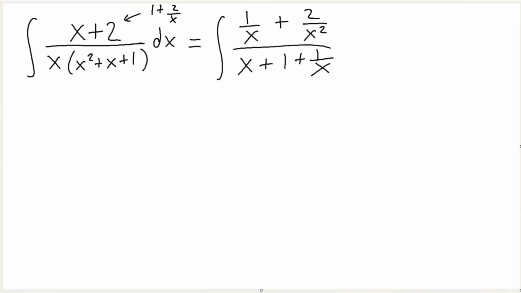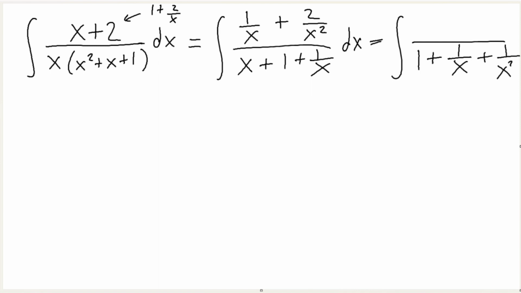Is that what I get? Does that compare to anything? No. Very close though. It's close to what I need. But we can do it again. Right? Let's do it again. So dividing by x, we get 1 plus 1 over x plus 1 over x squared.